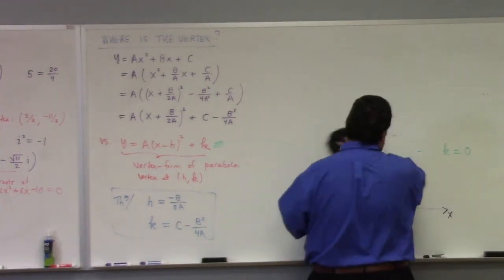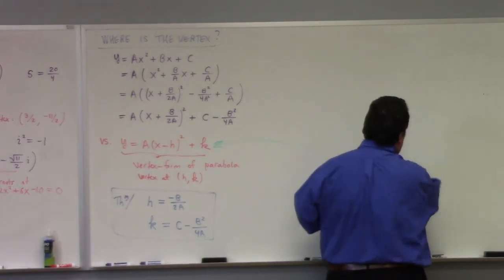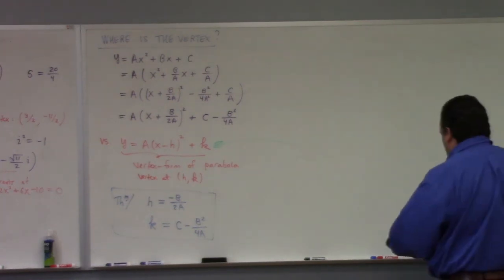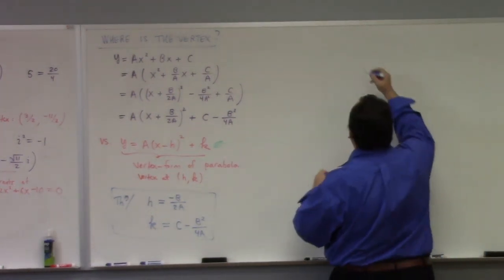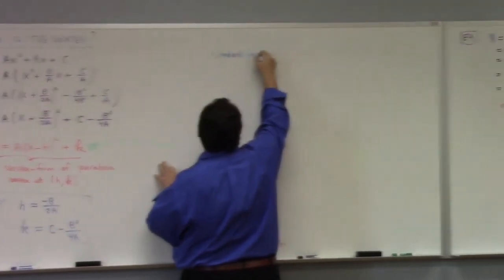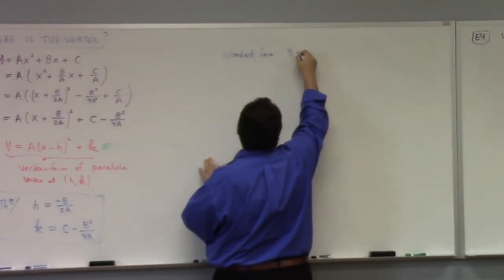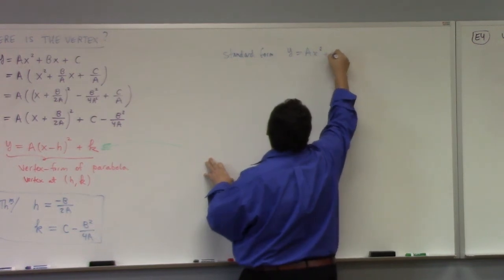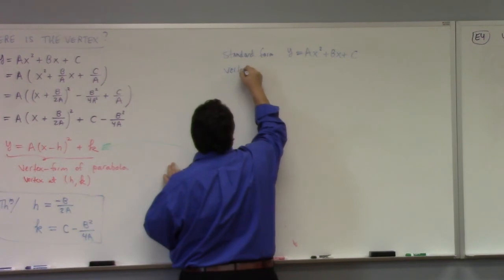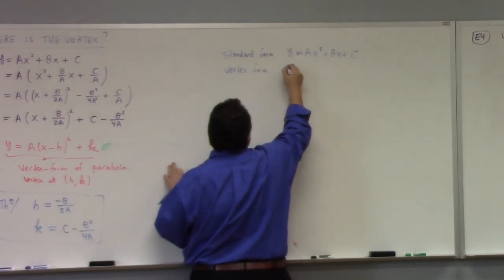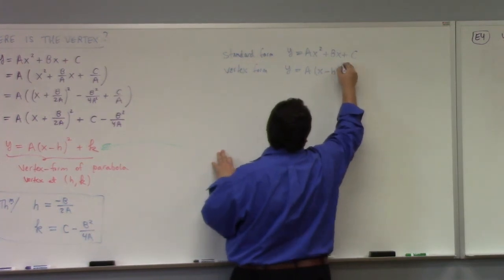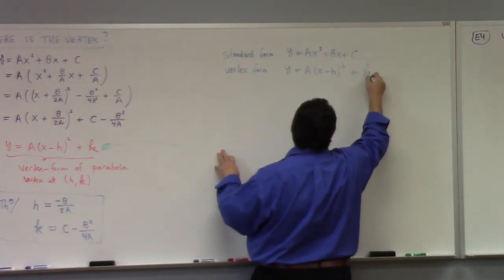So we can have standard form, which is just y equals ax squared plus bx plus c, right? We've got our vertex form, which is something like y equals a times (x minus h) squared plus k, right?